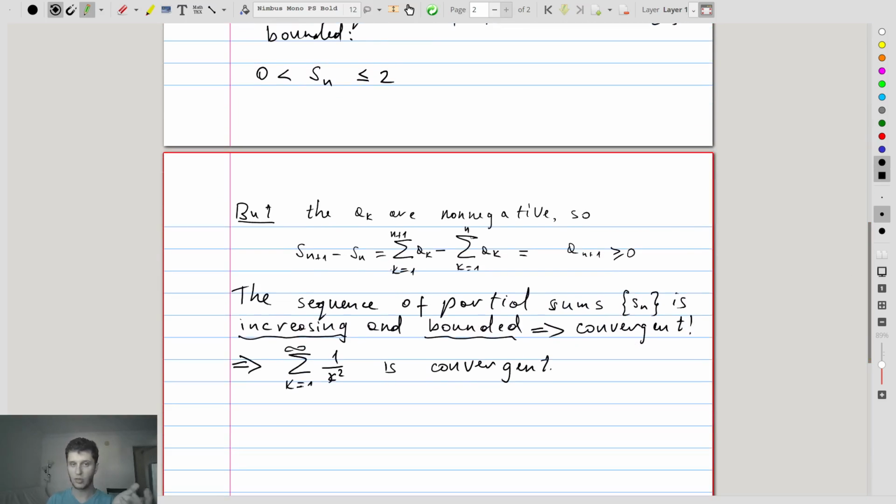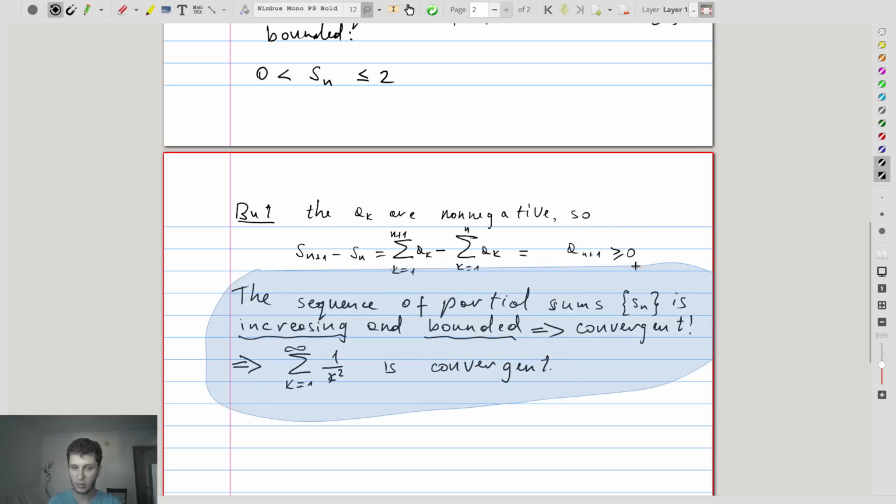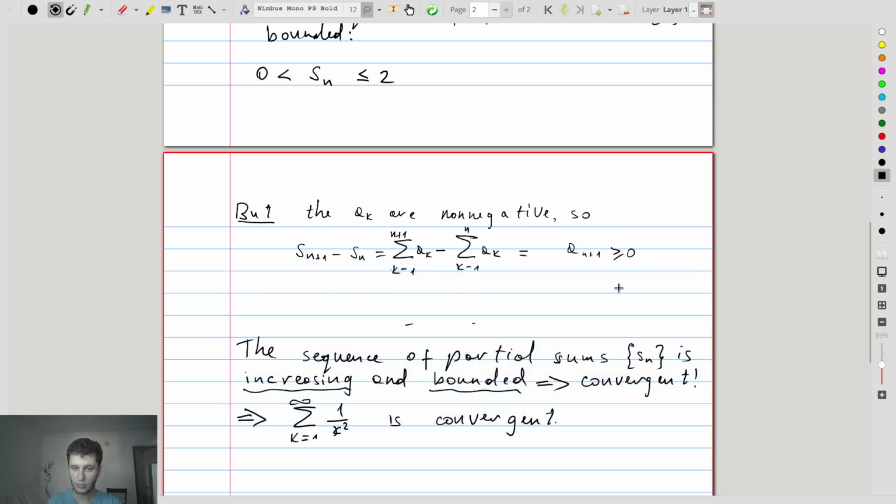So we have shown that they are bounded. They're also increasing. If you look at S_{n+1} minus S_n, this difference is exactly a_{n+1}, and it's positive, right? So we can even put the strict inequality sign here. And so we can conclude that S_{n+1} is bigger than S_n, because every next partial sum includes adding a positive a_k to the previous partial sum, so we get a bigger value, obviously.